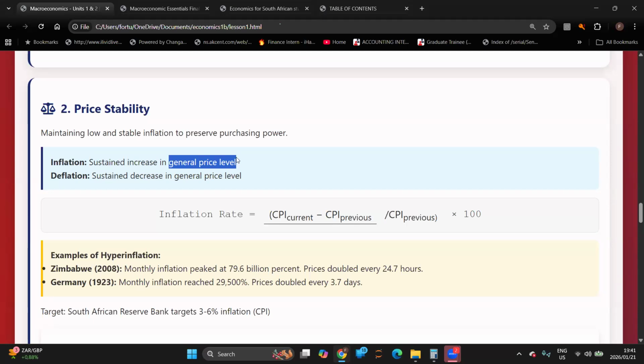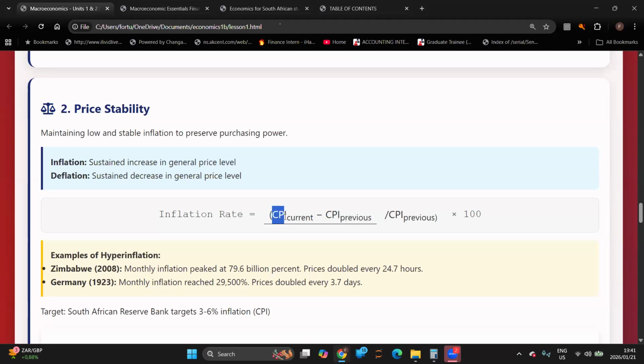So that means that when you're talking about the general price level, we need to also have an understanding of what we're referring to as the general price level. So the general price level is defined as, or is measured using, a key indicator, which is referred to as the consumer price index, given an abbreviation CPI.